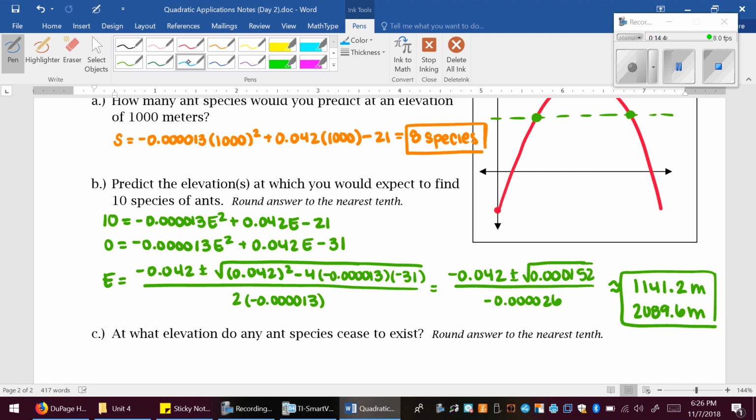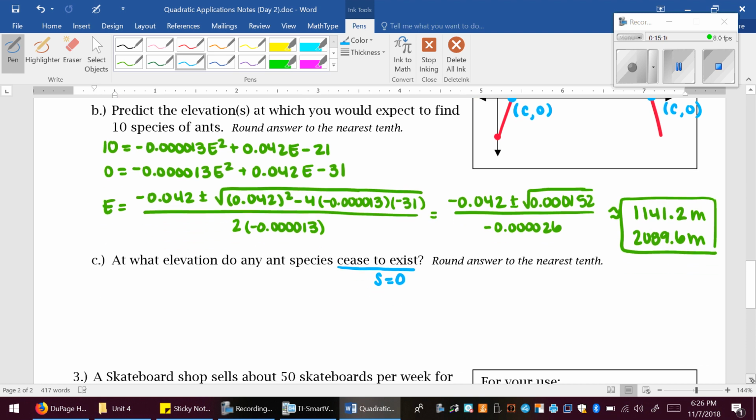Part C says, at what elevation do any ant species cease to exist? So cease to exist means there are not any of the species. So that means that our species, or our S value, is 0. So what I'm looking for are the x-intercepts on the graph, where the y coordinate is 0. And if I look at my graph, there are 2 of them, so I should also expect 2 answers here.